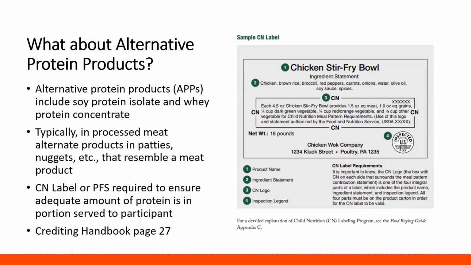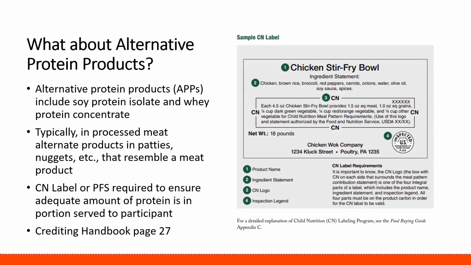And these are great. Here's an example up on the screen of a CN label. It will provide you what the food equates to. For this example, this is not an actual chicken recipe, or chicken CN label, but just for the example, it shows that it provides 1.5 ounces of equivalent meat, 1 ounce equivalent grain, and a 1/4 cup of green vegetable, 1/4 cup of red orange vegetable, and other vegetables.